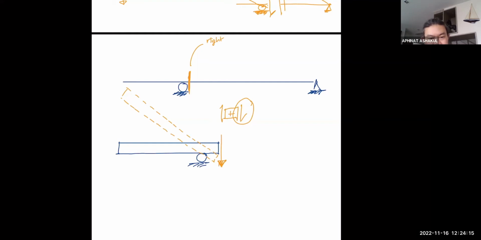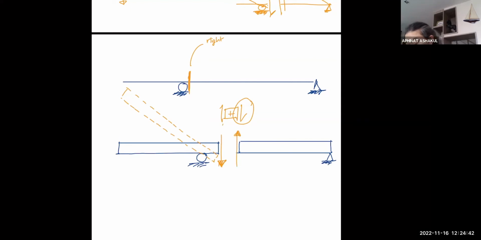And for the part on the right, now the shear on the left goes up, positive.